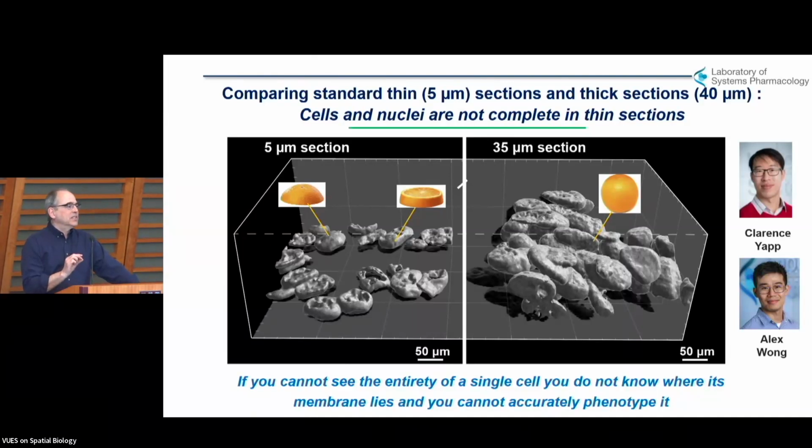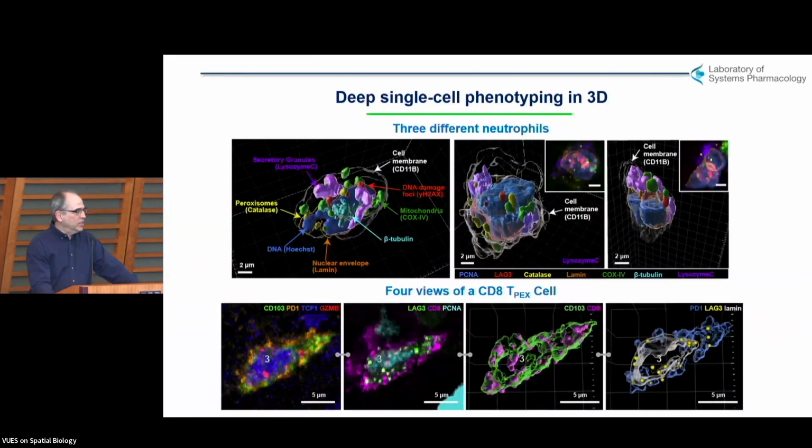But one of the first things we discovered was that in the 5 micron sections that most data, including most 3D data made up from serial sections, is now made from, no nuclei are intact and neither are any cells. You can see that by the slices of the orange.